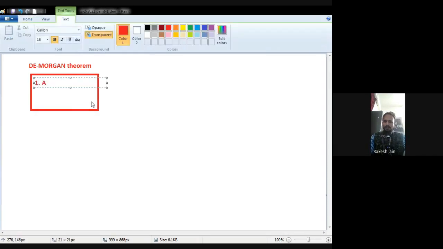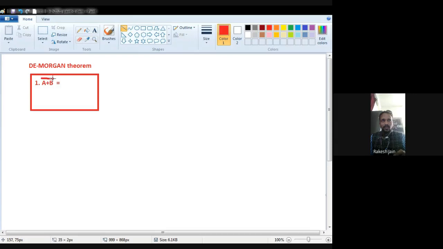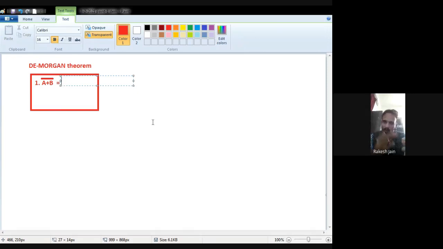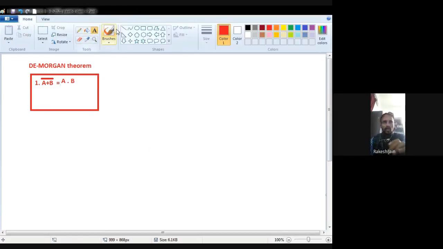So today our topic is De Morgan theorem. These two rules are related with De Morgan theorem. The first rule tells that if two numbers A and B are ORed with each other, plus means OR, and having a bar over there, do not focus on A and B only, it may be X, Y or anything, any two digits.